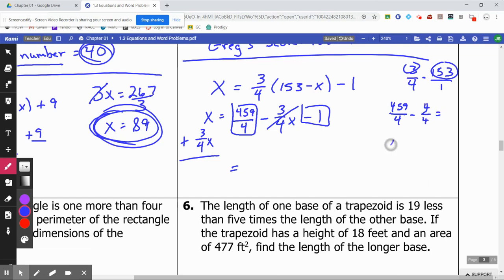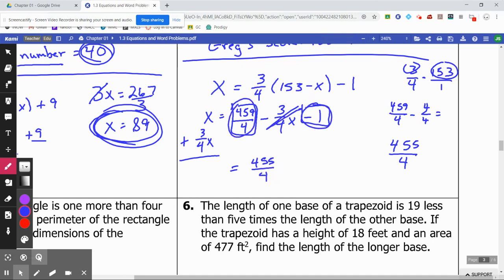That's going to be 455 fourths. So 455 fourths is what you get when you combine like terms. Now you would move your minus 3/4 x over by adding 3/4 x. This is 1 over 1 x, so multiply top and bottom by 4 to get your common denominator, and you get 7/4 x. So you now have 7/4 x equals 455 fourths.